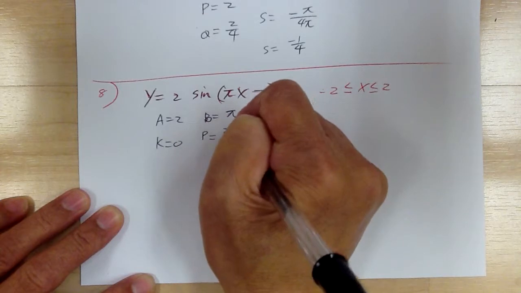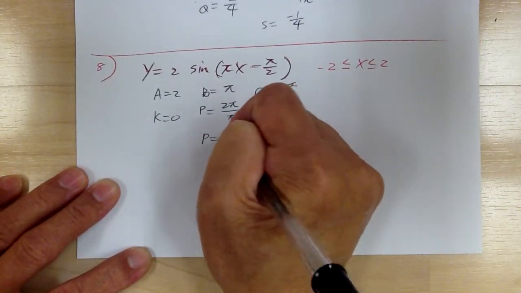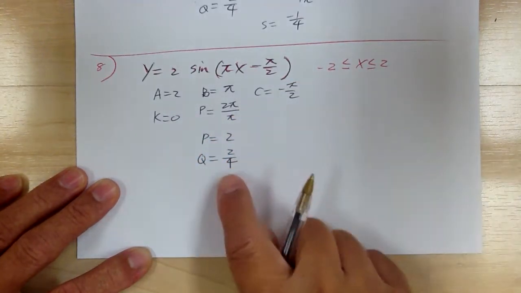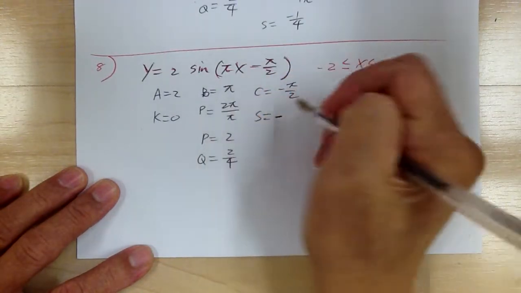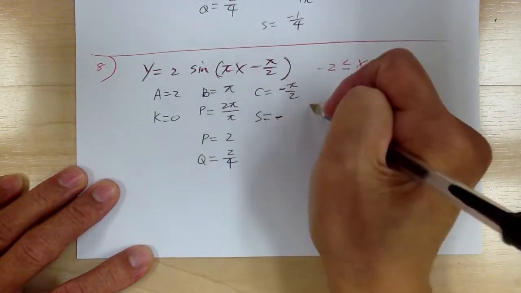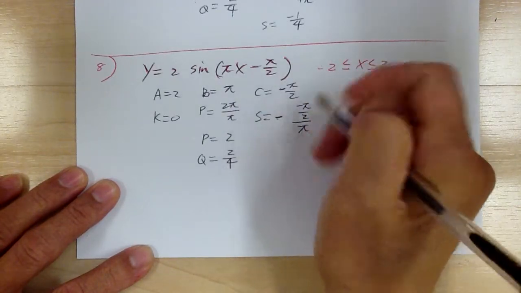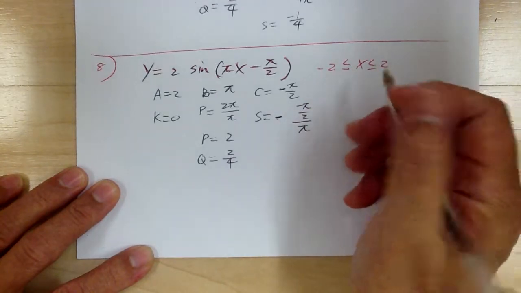Period equal to 2 pi over B. So period equal to 2. And quarter wave is 1/4, that will be 2 over 4. Again, don't waste time simplifying right now. And the shift equal to negative C over B. So watch out your negative signs.